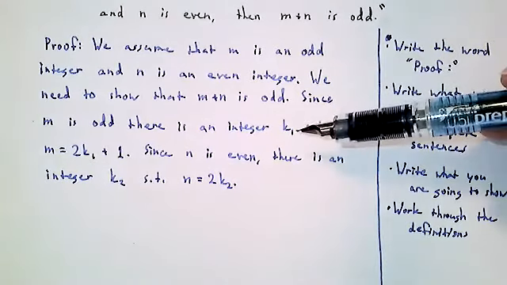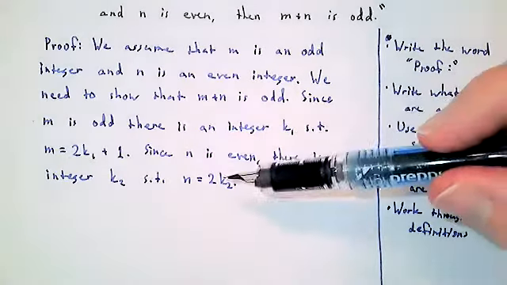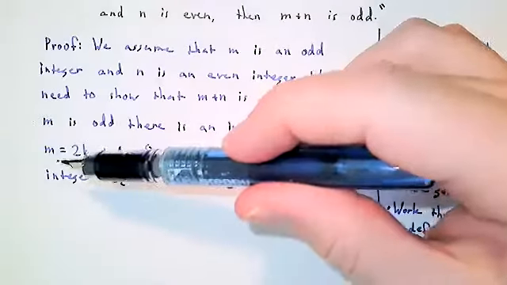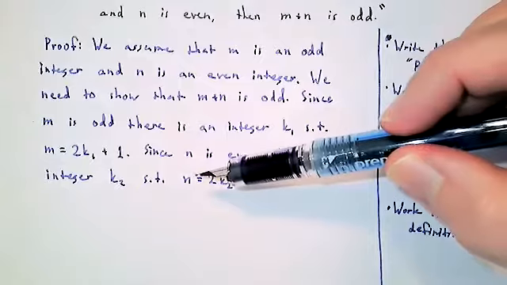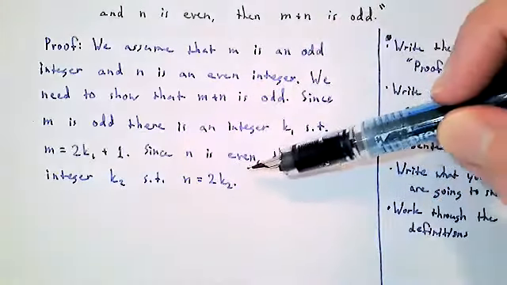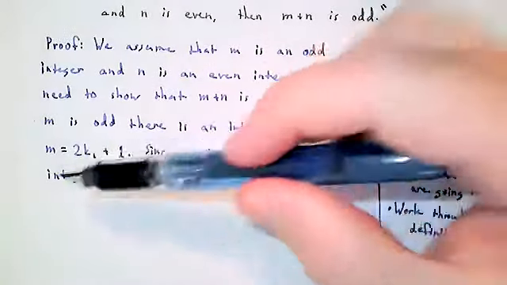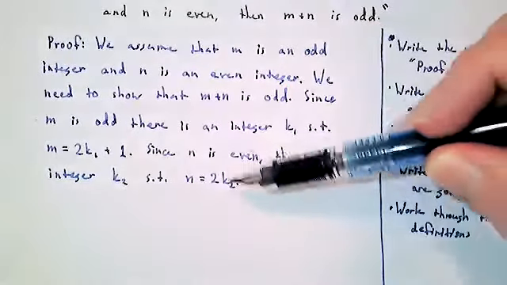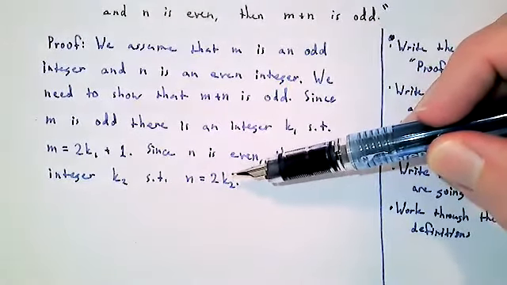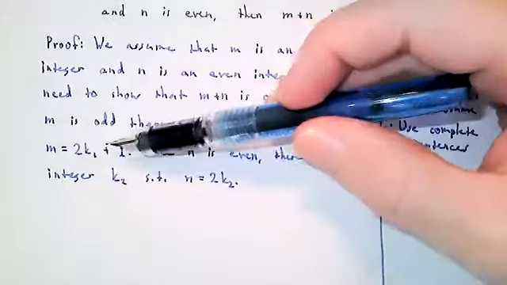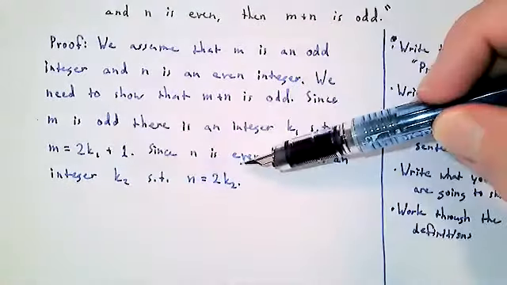And it's important that we use different integers from our definitions. So I'm using k1 for m and k2 for n, because it's definitely possible that these are different. So for example, if m was equal to 1, k1 would be 0. And if n was equal to 6, k2 would be equal to 3. So we have to make that distinction here in our proof.